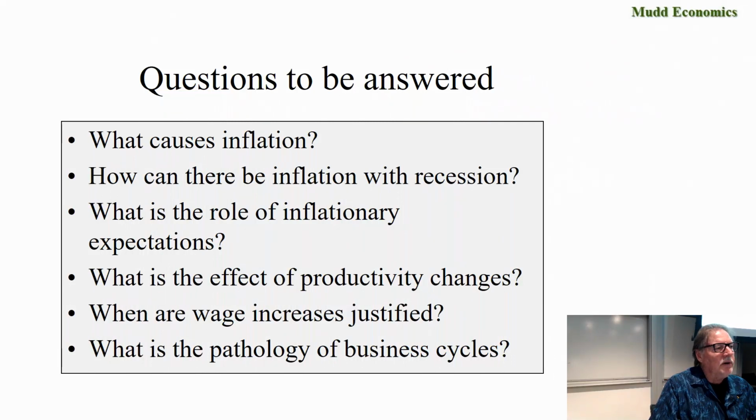When are wage increases justified at the national level? Because sometimes they're not. Sometimes in the European model, for example, when wages are granted where there's not productivity gains, that results in pure inflation and has a very devastating impact upon the long-term health of the economy. And what is the pathology of the business cycle in the context of this model?